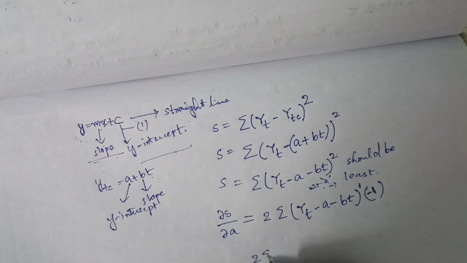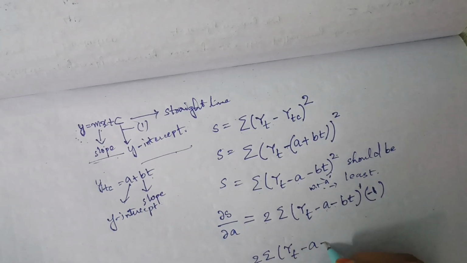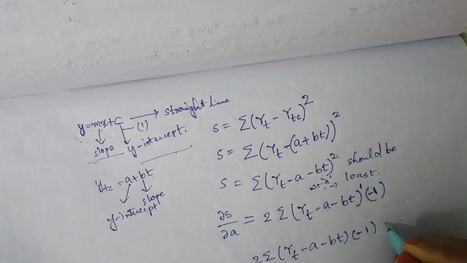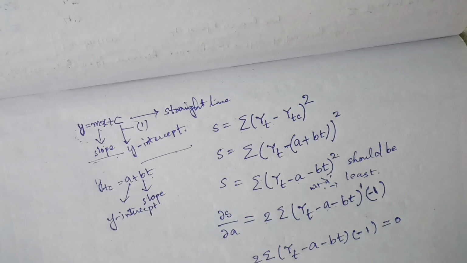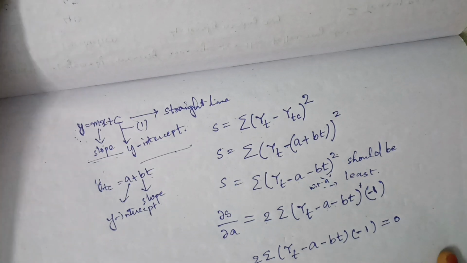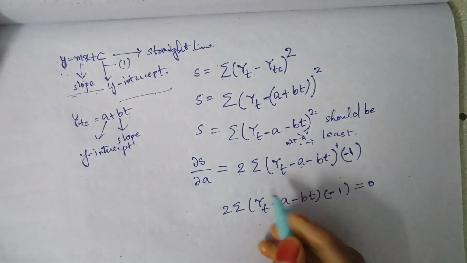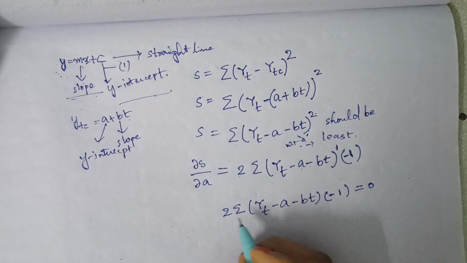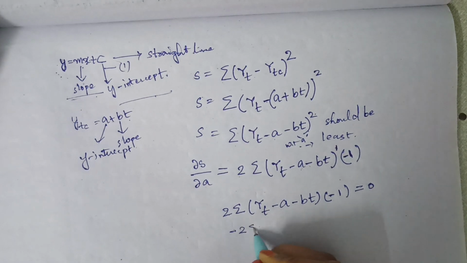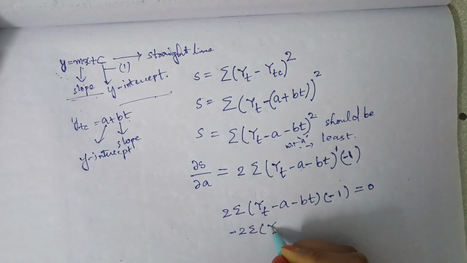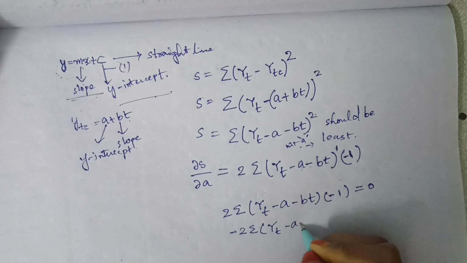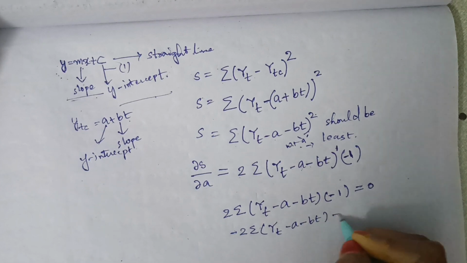So 2 summation (yt minus a minus bt) into minus 1 is equal to 0. So 2 into minus 1 is minus 2. Minus 2 into summation (yt minus a minus bt) is equal to 0.